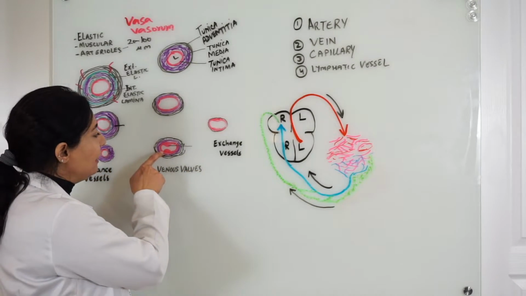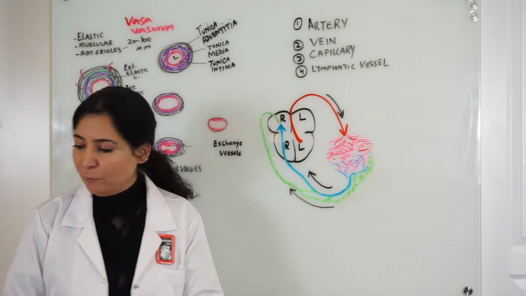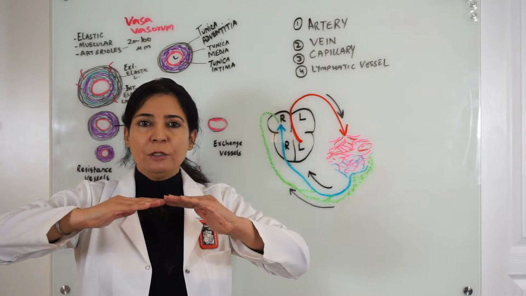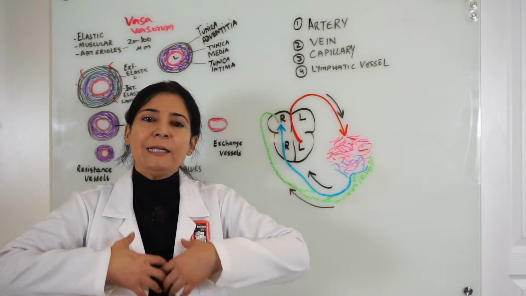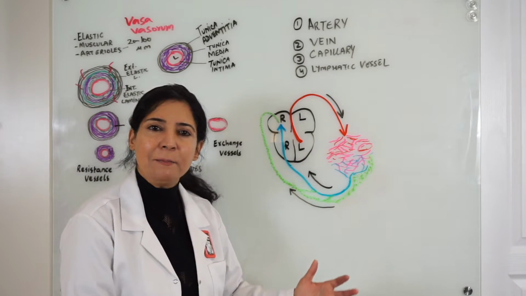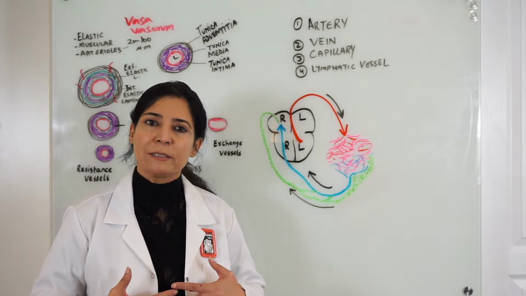You can see that these flaps are protruding towards the lumen of the vein, and they are actually closing the lumen. Just imagine the lower limbs: the heart has pumped blood towards the lower limb, the tissue exchange has been taking place, and now the blood is coming back towards the heart.